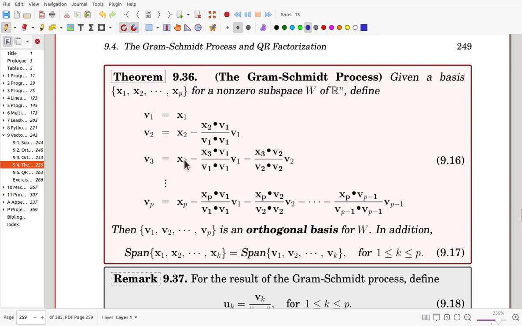And of course here, the span of x1, x2, x3 must be the same as the span of v1, v2, v3. Since we are taking orthogonal components, they are all linear combinations of these earlier vectors. So for each k between 1 and p, the spanned subspaces are the same from x and from v.